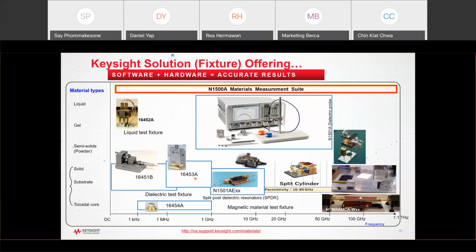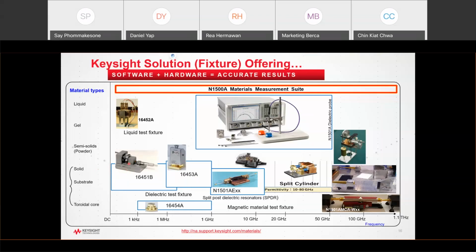I think there was a question coming from Indonesia, I don't remember the exact details, but it was only up to 20 megahertz. So I recommend this fixture, which goes up to 30 megahertz.